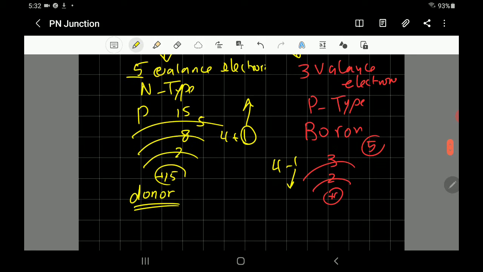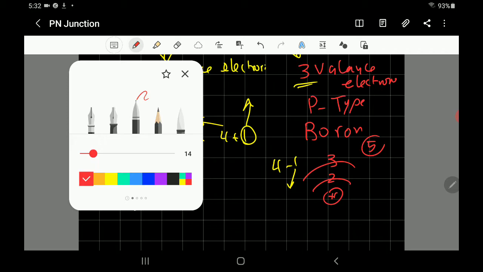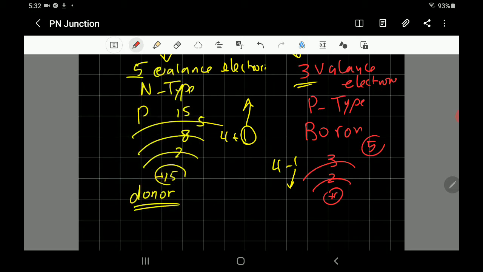And the other one that has 3 valence electrons, when you add it to any material, will be missing 1 electron. When it's missing 1 electron, it means there is a hole in the material. It means it's ready to take an electron from outside. So they call it acceptor. Like boron, it's an acceptor. And phosphorus is considered to be a donor.